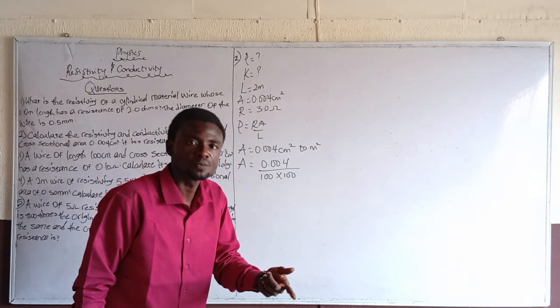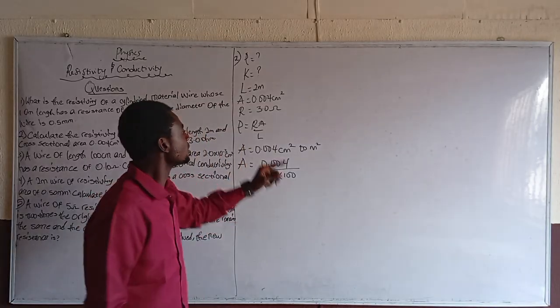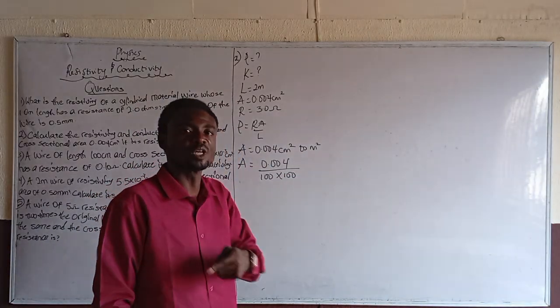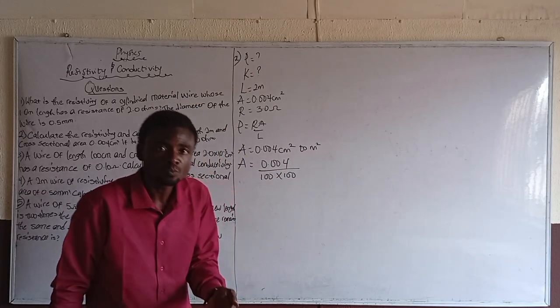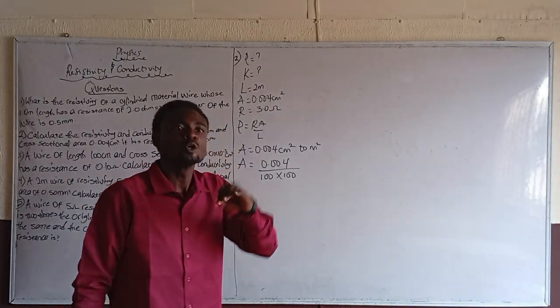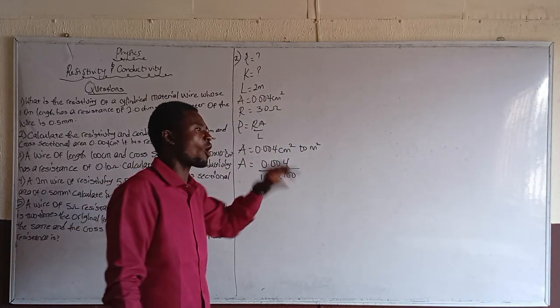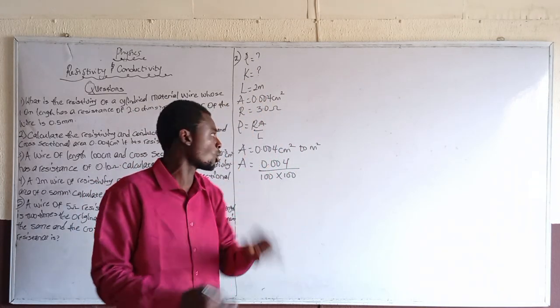Now for square units, the 100 appears twice. So from centimeter square to meter square is divided by 100 times 100. Therefore for cubic units, the 100 appears 3 times, which means from centimeter cube to meter cube is divided by 100 times 100 times 100.